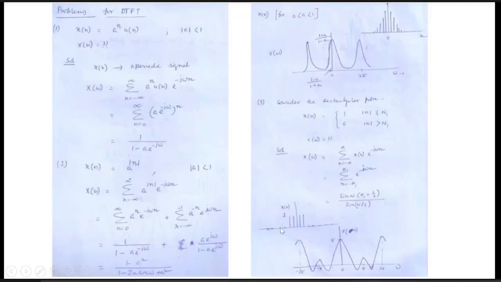So in that case it is calculated as the summation from minus n1 to n1 of e to the power minus j omega n. If you use this, you know how to calculate this type of function. It is actually a sinc function. So you will plot and get this kind of function, omega variable plot.